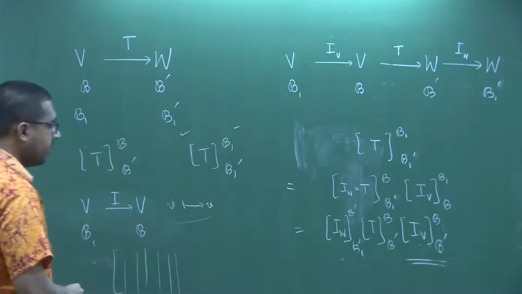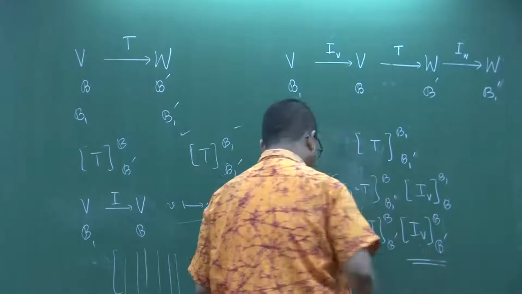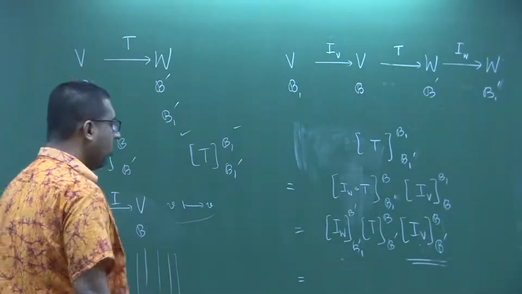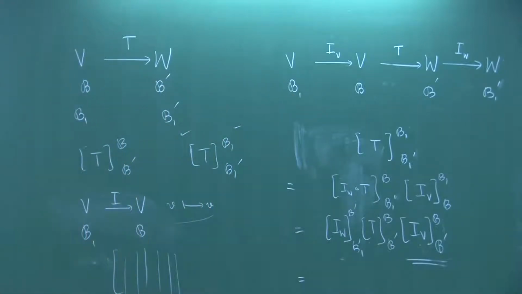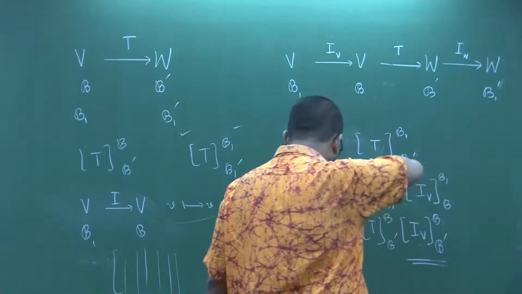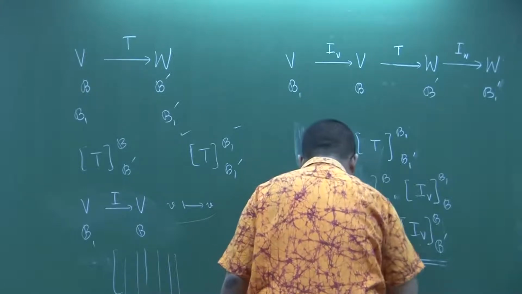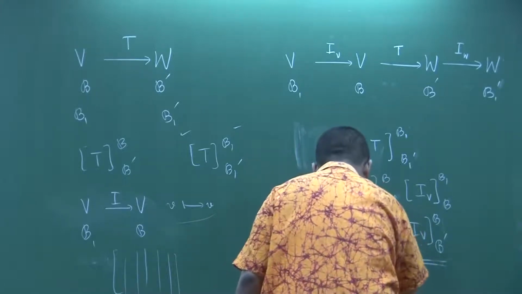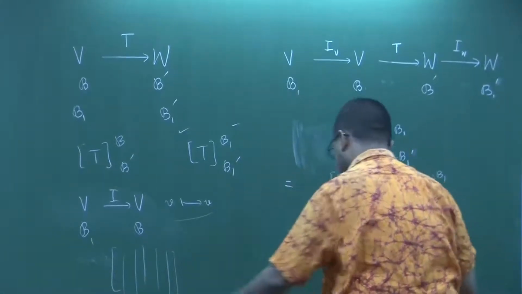One thing worth observing is that both these matrices are invertible, right, because they are the matrix representation of an invertible linear transformation, the identity. Therefore, you can write it like this: B1 prime, B prime inverse.